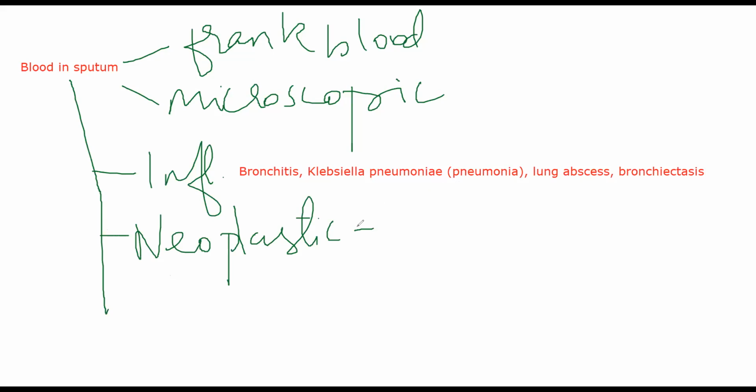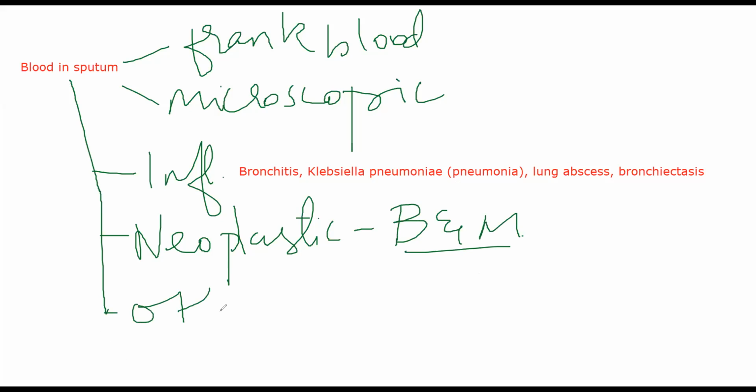It can be benign or malignant. In benign tumors, the respiratory tract develops ulceration, that ulcer becomes complicated, perforating blood vessels, and you see blood. Or there is a malignant lesion which grows to an extent where blood comes out in sputum, again damaging blood vessels. So it can be both benign and malignant respiratory tract tumors.